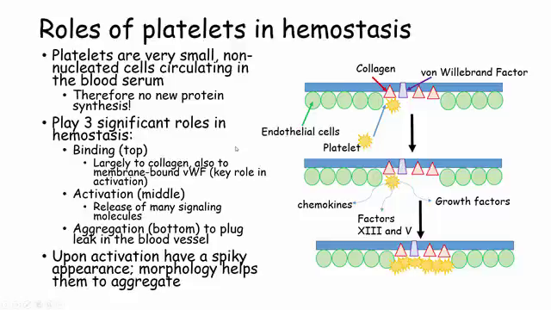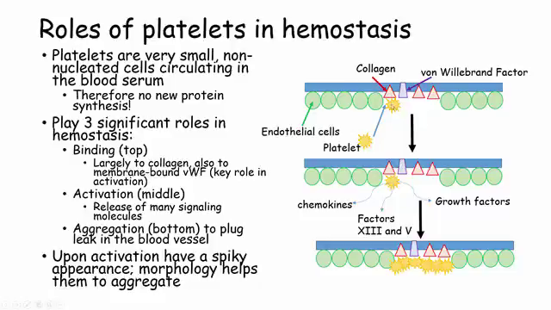And the platelets, of which there are a lot, some 100,000 per milliliter of blood, play three significant roles in the process of hemostasis. The first role is binding. So a platelet moving along inside the blood vessel encounters a place where the endothelial cells have been removed, and these are the cells that line the surface of the blood vessel, exposing the subendothelial layer, a large portion of which consists of the protein collagen.